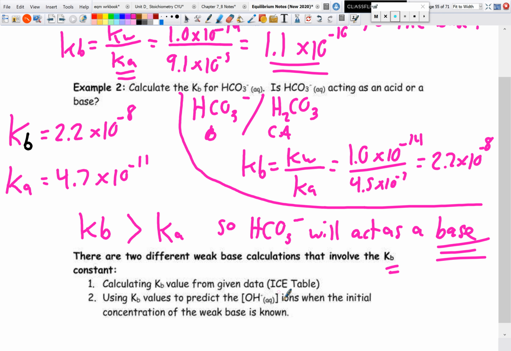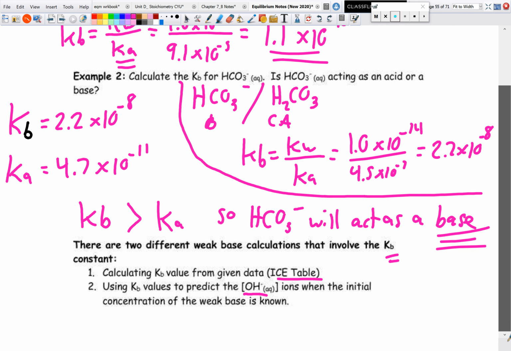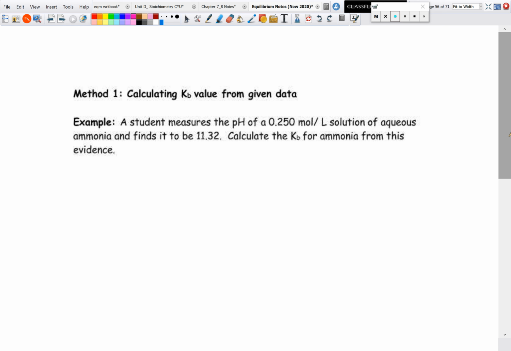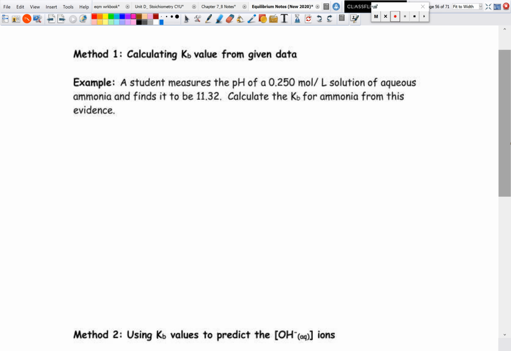So we can calculate Kb from given data using ICE tables, or because now we have the tools to calculate Kb, we can predict the concentration of hydroxide ions when the initial concentration of the weak base is known, and the assumption check is still going to be the same as it was with the acids. So nothing is really changing on how we're solving, just our initial equation, and now it's everything in terms of bases. So our calculations are going to be very similar from now on.